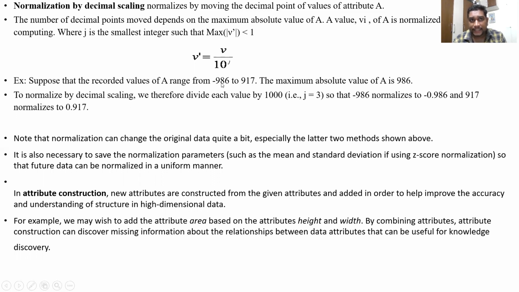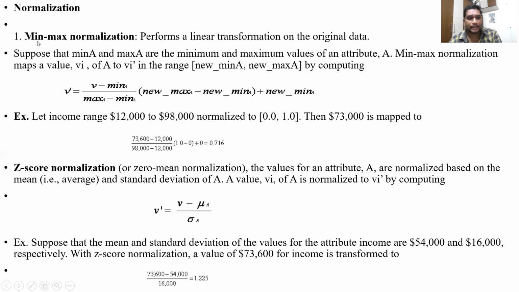Taking 986, you get 0.986; 917 gives 0.917. But with min-max normalization, taking 73,000 gives 0.716, and with Z-score, 73,000 gives 1.225. So both are contradictory data.